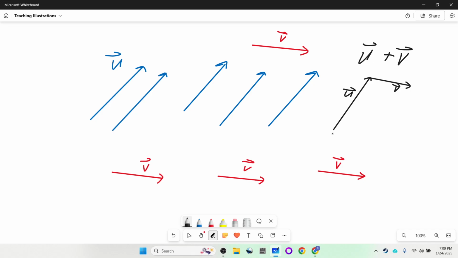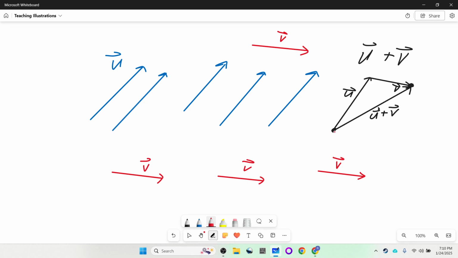Then u plus v is the net effect. It's saying, okay, so at the very beginning we were here. At the end, we're here. So u plus v is the shortest distance, the shortest path we could take to get from the start point to the end point. I'm not using letters here, but from the beginning to the end. So this is u plus v. So you can see why I call it the triangle law, because it forms this triangle here.